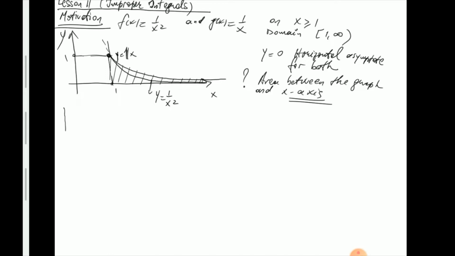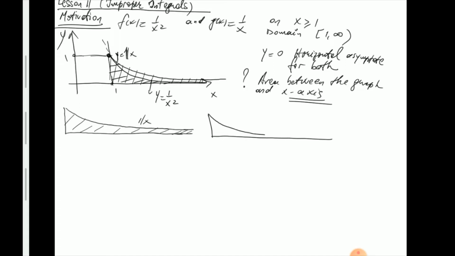So the shape whose area I'm trying to compute, if I were to sketch it separately here, in both cases it looks like this. This will be 1 over x, and for the shape corresponding to 1 over x squared, it's very similar, except that it's decreasing faster. It's going to be like that.